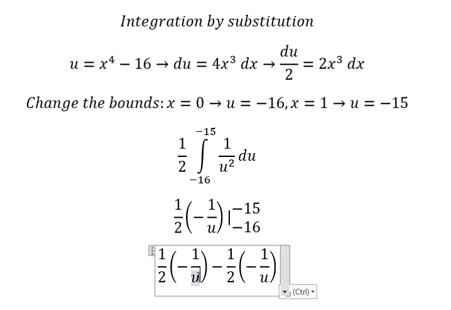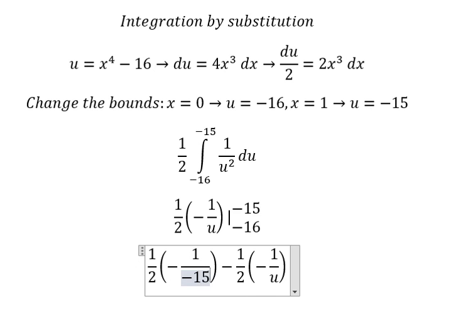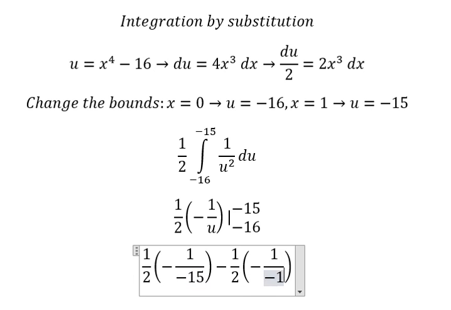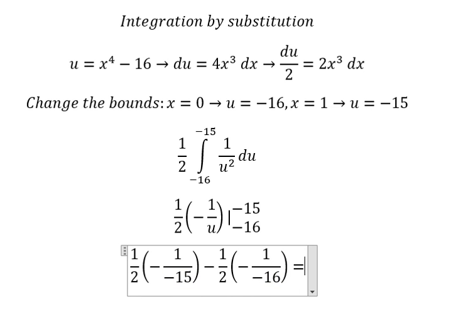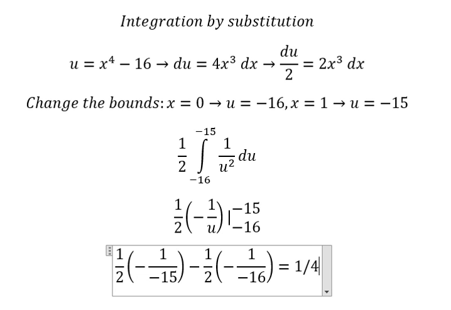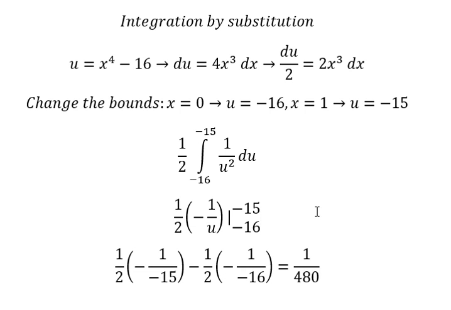We put negative 15 in here and negative 16 in here. We calculate this one and we have 1 over 480. And this is the final answer. That is the end.